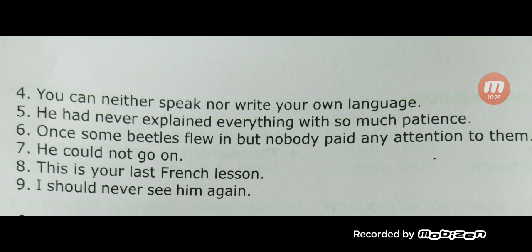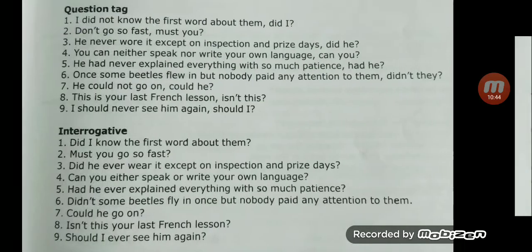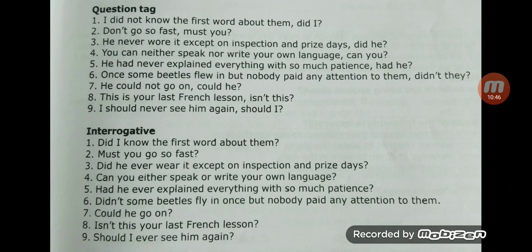Ninth one, "I should never see him again." Never is given, so you have to write a positive case: should I? Now for the same sentences, we will be talking about interrogation. For interrogation, check this question tag and check these interrogation answers.